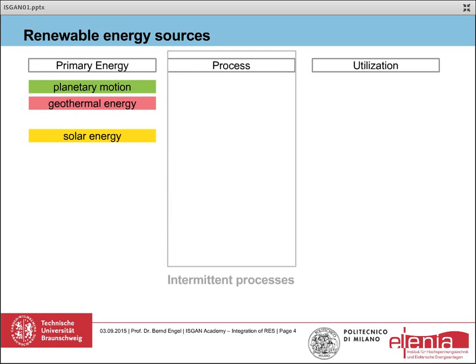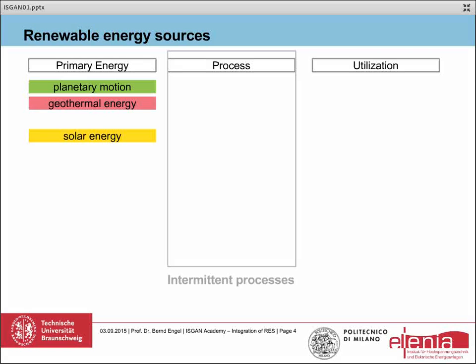So what are the renewable energy sources? We can start: what are the sources of the primary energy? It's either the planetary motion, the geothermal energy, or the solar energy, so the energy from the sun.